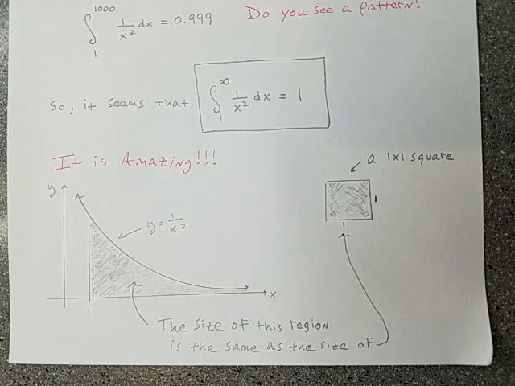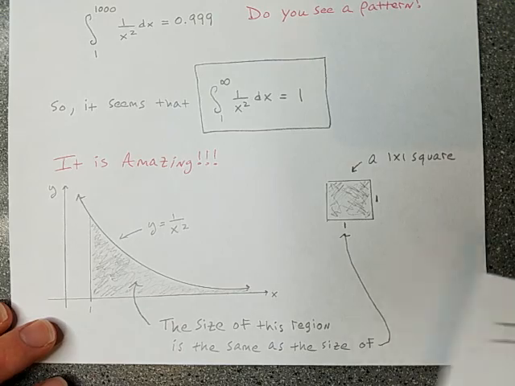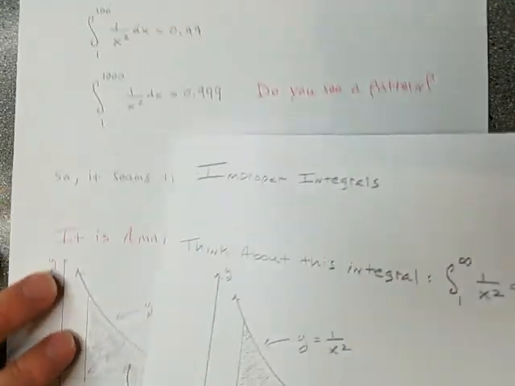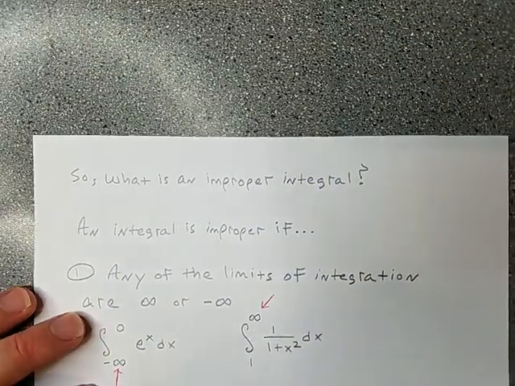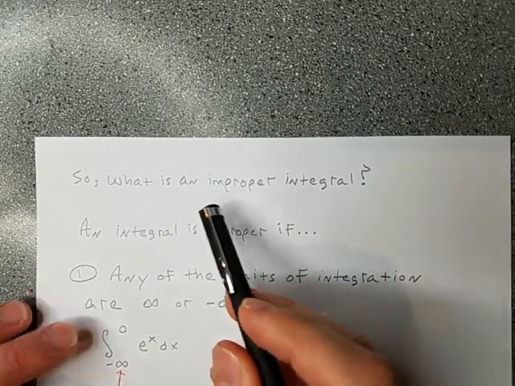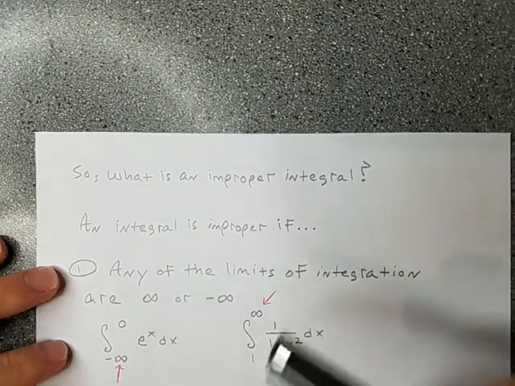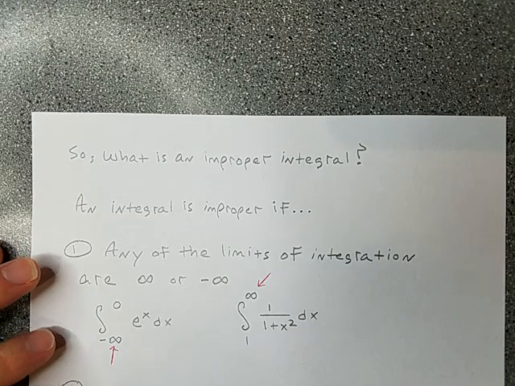Okay, so let's do this. The title of my video was Improper Integrals. I think at this point, we need to think about, if we're going to work these problems, and they're called improper integrals, what is an improper integral? Here's the definition.